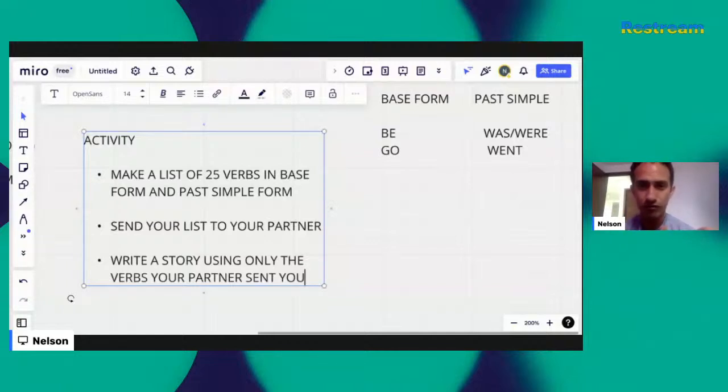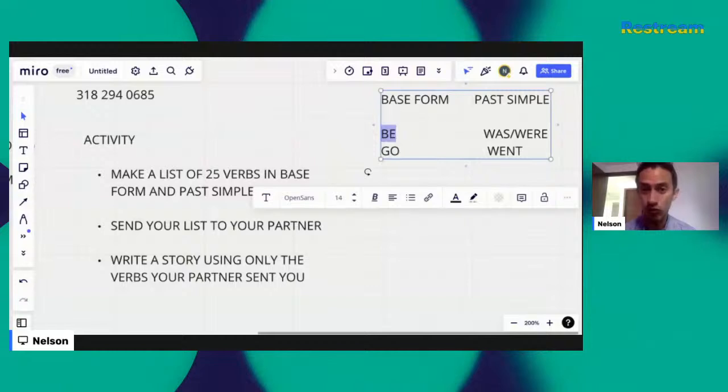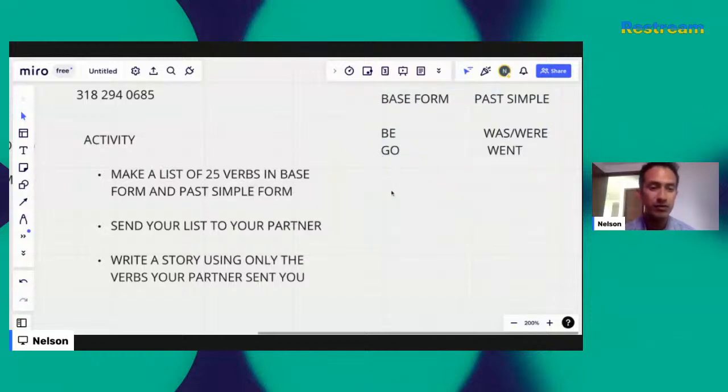Don't use other verbs. You have 25 verbs, you have a lot of verbs. So use these verbs to write a story. Of course, you can use the verb in the base form, and you can use the verb in the past simple form.